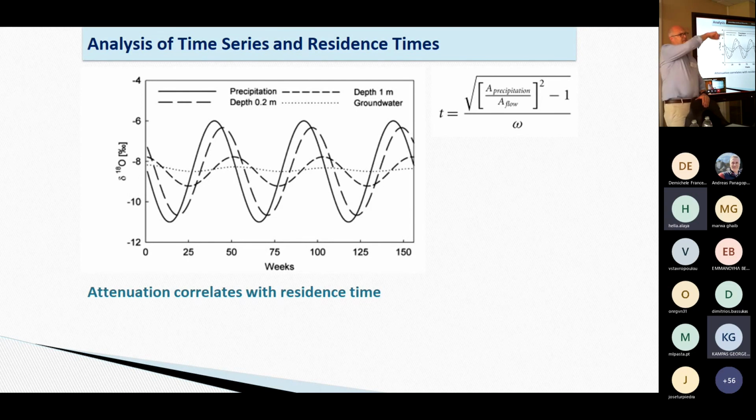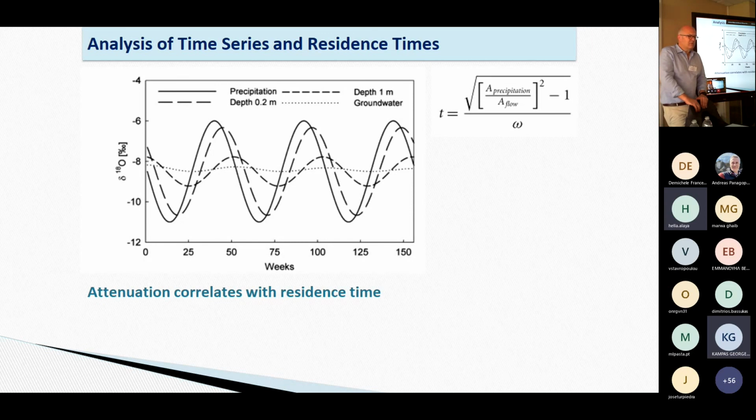The seasonal effect is that every winter you have depleted rainfall, every summer you have enriched rainfall. Now, an obvious method is to sample a borehole every 2 weeks and to observe whether you see a variation that corresponds to your rainfall, precipitation, sinus curve.